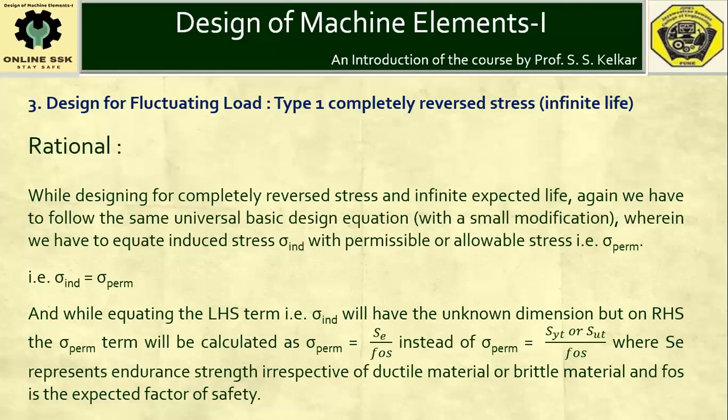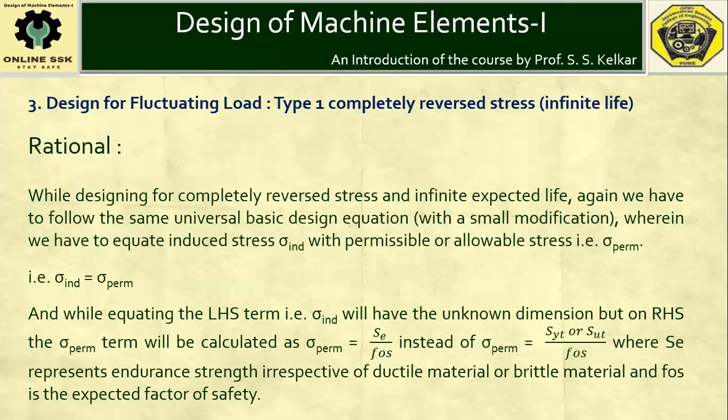In case of dynamic loading, if the type of load is a completely reversed load, the induced stress will be completely reversed stress, and therefore the mean or average stress will have a value of 0. Therefore, only sigma A, that is the amplitude of the stress, is of importance and is required to be taken into account.